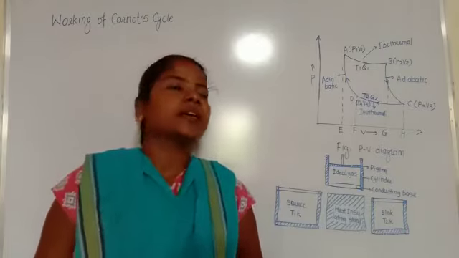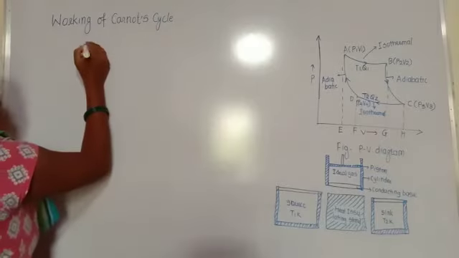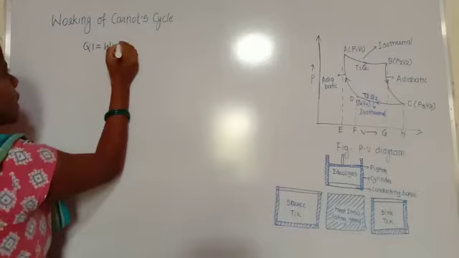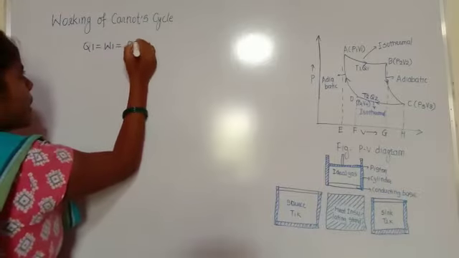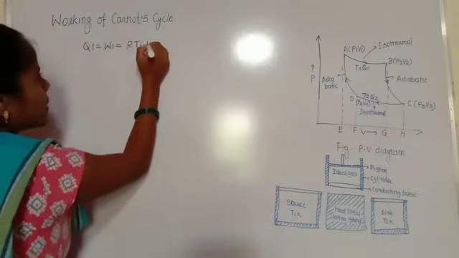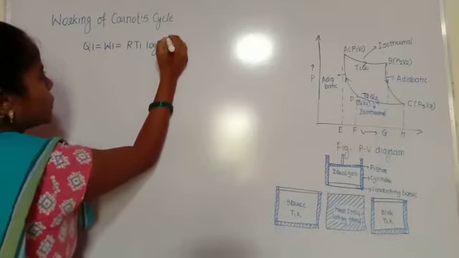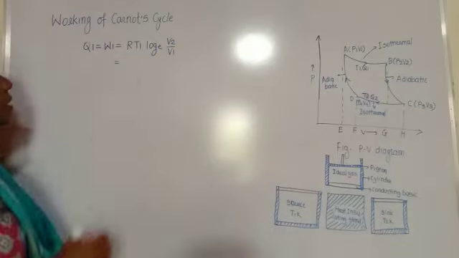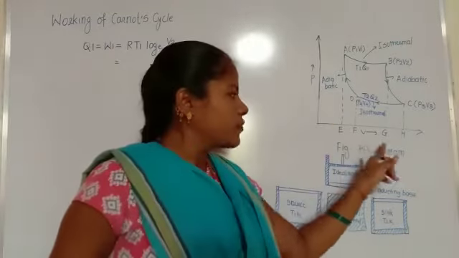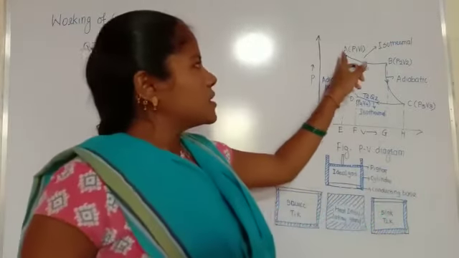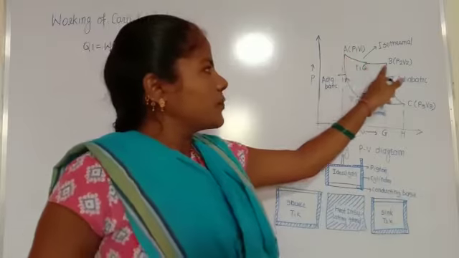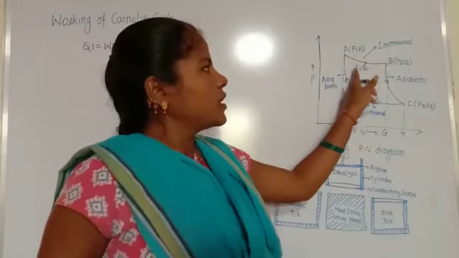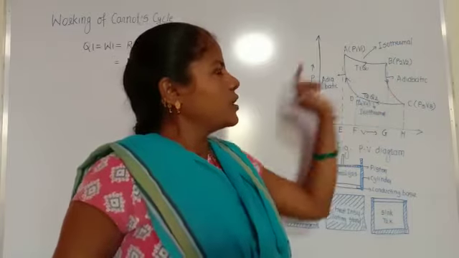Out of these four operations, we studied the first operation, that is the isothermal expansion, in the previous class. In the expression for the isothermal expansion, Q1 is equal to W1 is equal to RT1 log of V2 by V1. This is seen in the PV diagram we already drew here, by the isothermal curve AB, which has the coordinates P1 V1 T1 and P2 V2 T1.